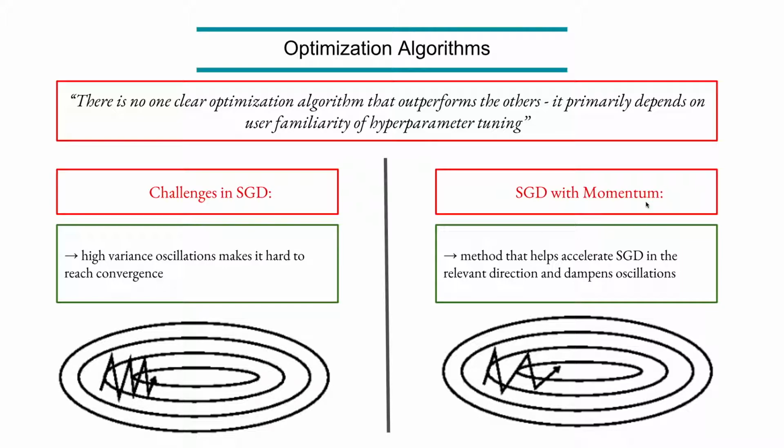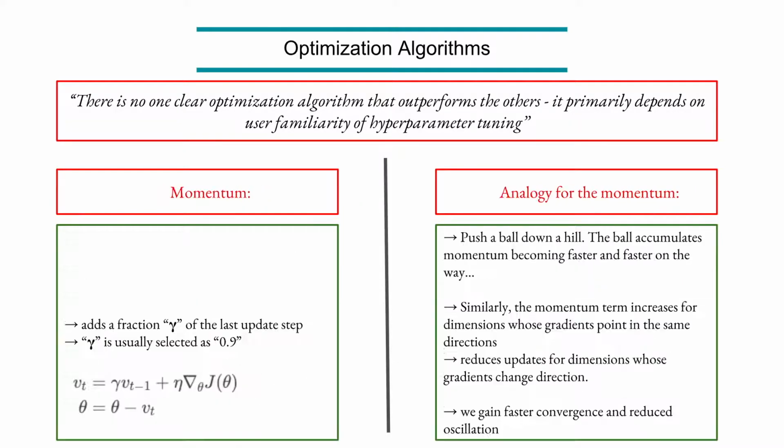So there's another concept, which is momentum. Momentum helps to accelerate SGD in the relevant direction and dampens oscillations. So what is momentum? Momentum adds a fraction gamma of the last update to the current one.